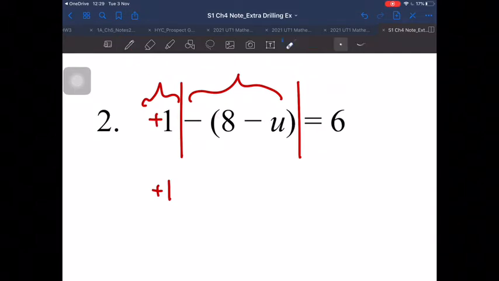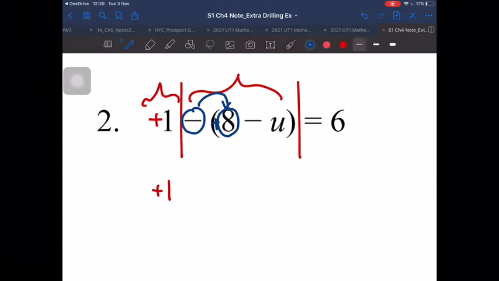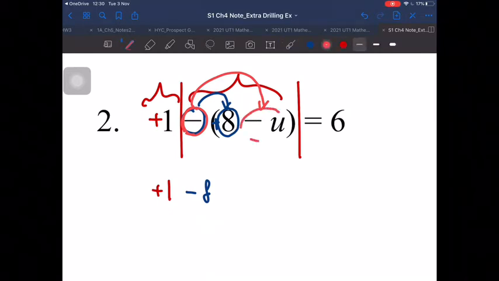And then next you have to remove the brackets. The last time we learned how to use the distributive law, and now we can use it in a faster way. For the faster way here, this negative gets multiplied in, first to the 8. This 8 is positive 8, so negative times positive gives negative, so it is -8. After that, according to the distributive law, this negative also applies to the term behind. Last time I asked you to write the minus underneath, but now you can be faster by treating it as a whole chunk: negative times negative u gives positive, so it is positive u.